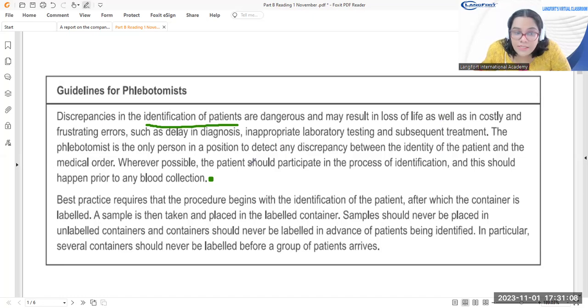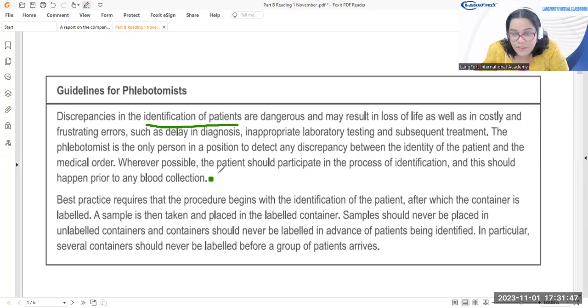The phlebotomist is the only person who is in a position to identify any discrepancy between the identity of the patient, who the patient is, and their medical order. So discrepancies in identifying the patients can cause a lot of problems, and the phlebotomist is the person who can identify any discrepancy between the identity of the patient and the medical order.